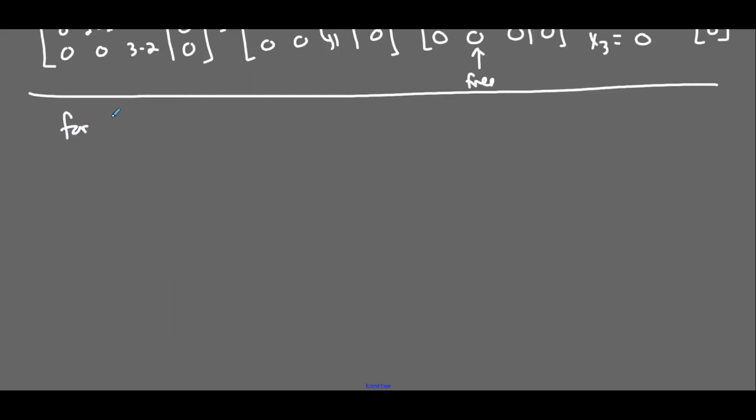So for lambda 3 equals 3, we need to solve this equation, (A - 3I)x = 0. So I'm going to subtract 3 from the main diagonal.